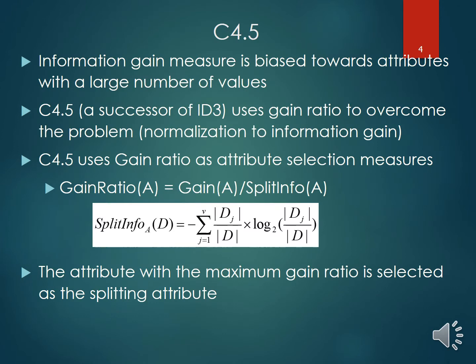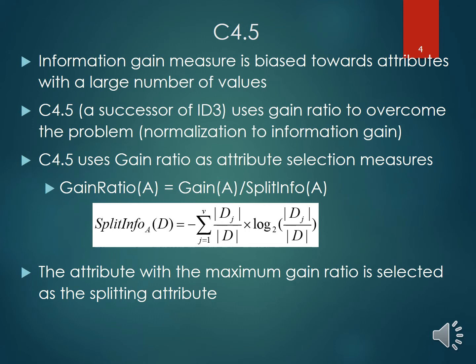Information gain was used in the ordinary ID3 algorithm. You can refer to my previous video in machine learning about the ID3 algorithm. In ID3, we took the information gain for finding out the best attribute which can be kept as the root. The information gain measure is biased towards attributes with a large number of values.